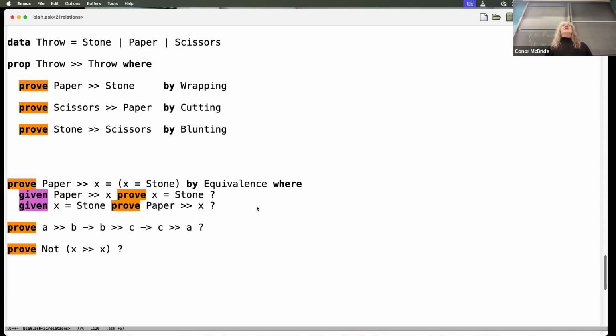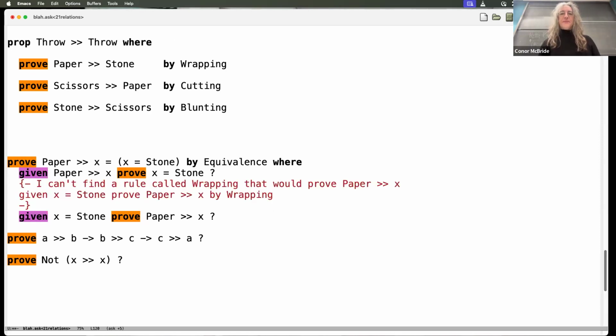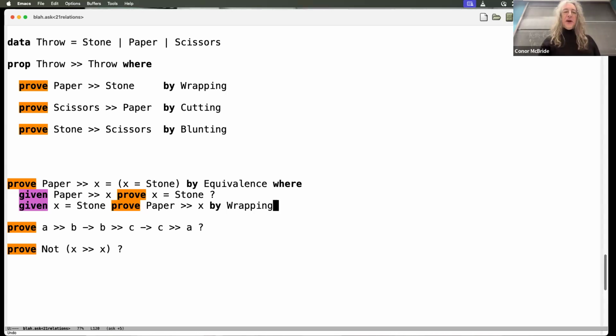When you are given an equation where one side of it is a variable, that equation is not automatically a definition. So if I say by wrapping, wrapping doesn't prove paper beats X. But what I can say is from X equals stone.